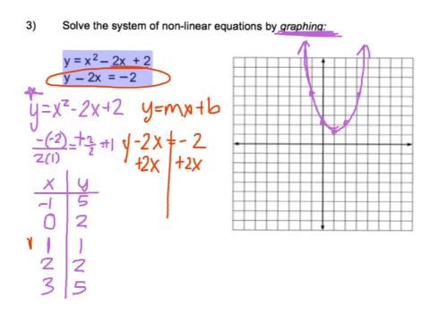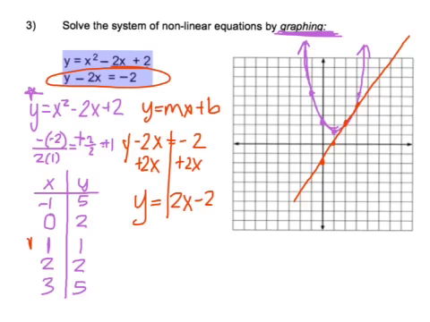So we have y equals 2x minus 2. This we can graph. B is -2, so that's where we start. It's our intercept. And then we go up 2 over 1, up 2 over 1, up 2 over 1. And we connect our line.